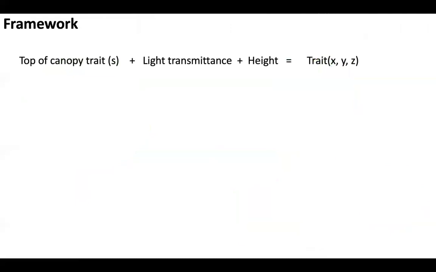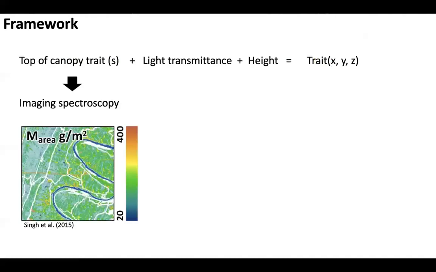So this is the work of my PhD student, Adam Kloos, who's interested in taking the hyperspectral data, which we use to map top-of-canopy traits. That's what those maps in everything I've shown you are. And then using LiDAR to get profiles through the canopy, and field data where we've collected leaf samples from within a canopy, to then estimate the trait as a voxel in three dimensions.